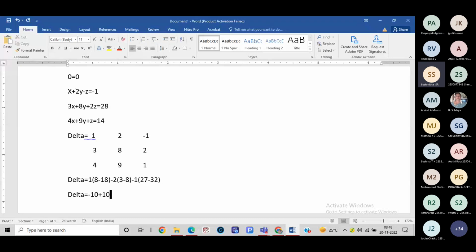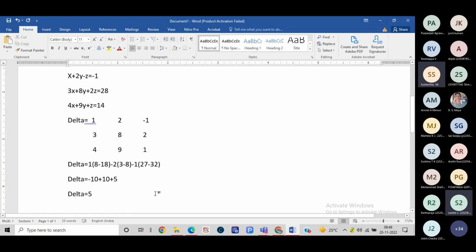Plus 10 plus 5, minus 32 plus 27 gives minus 5, minus into minus plus 5. So is delta plus 5 or minus 5?